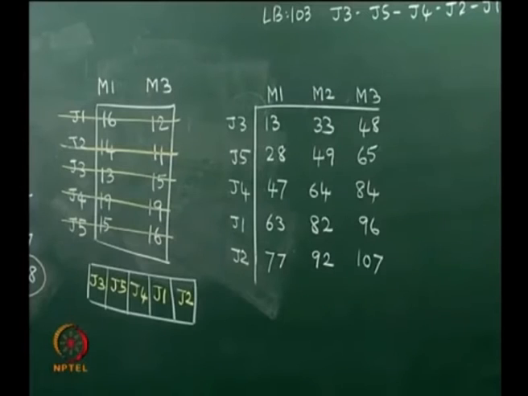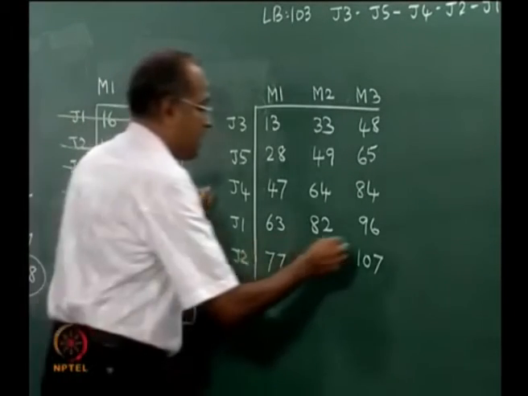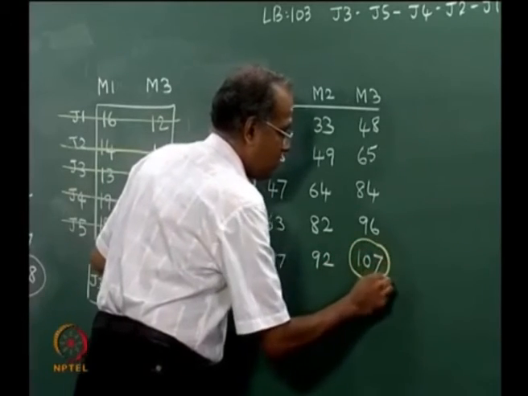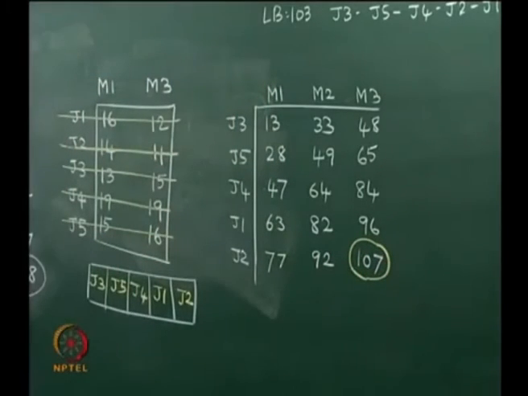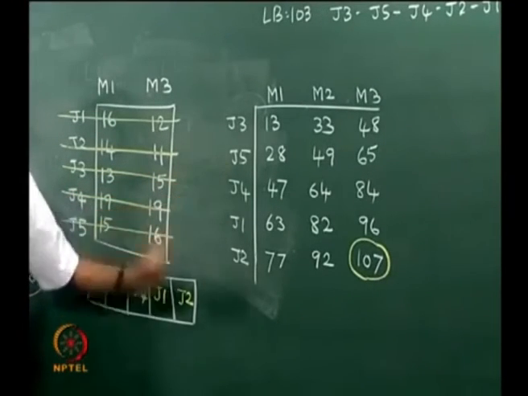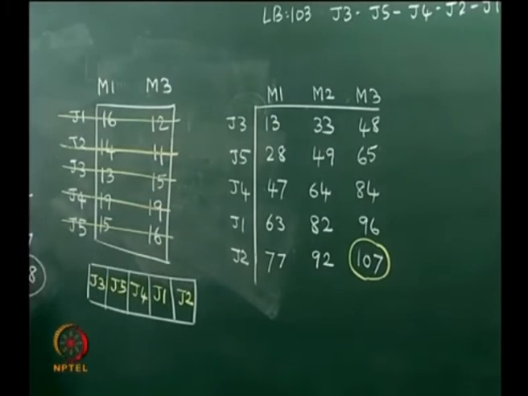So what we have done in this algorithm is, now we get another solution whose make span is 107. So between these two solutions we could pick the one which is better, which has 107. So we essentially evaluated two solutions in this algorithm.